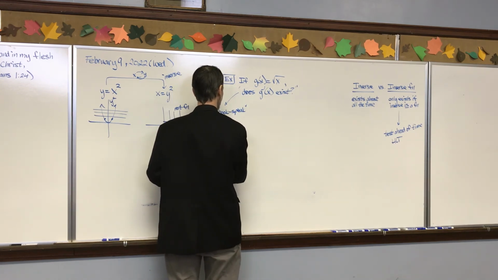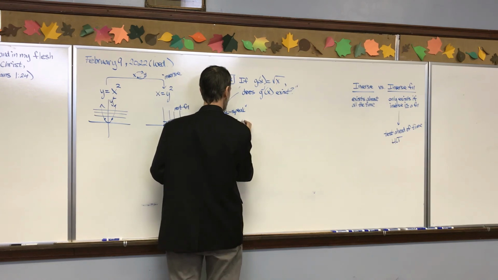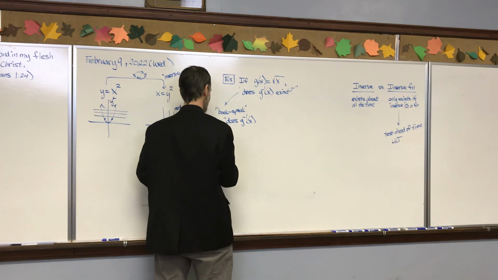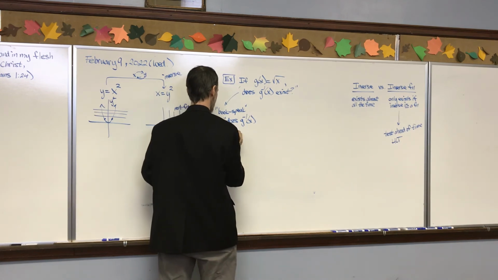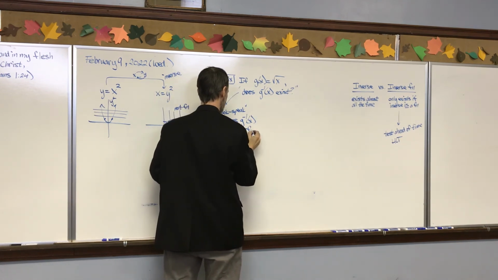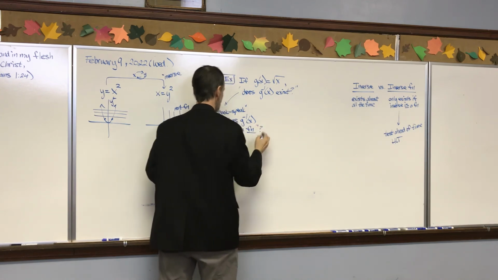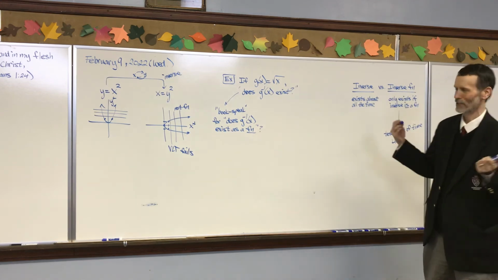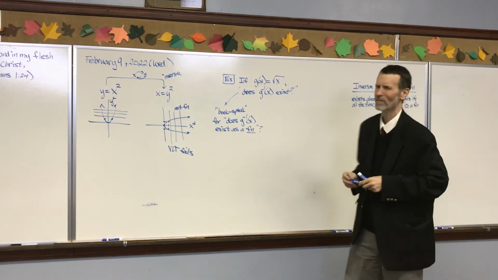It should be: does g inverse of x exist as a function? Because almost every inverse exists. I want to know if it's a function. How would you find out?